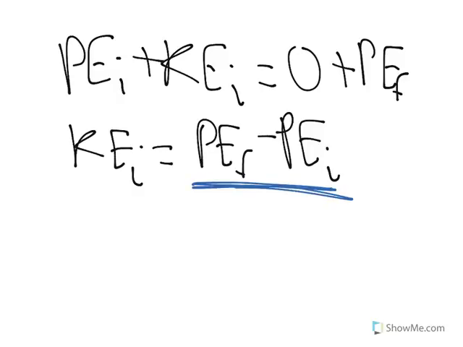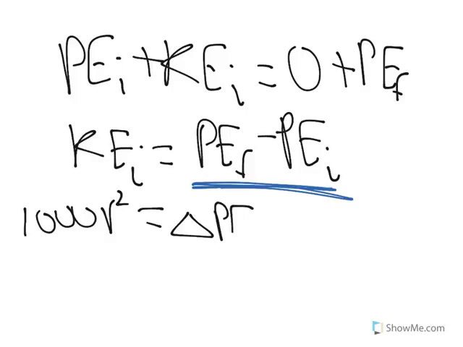This is just change in potential energy. So we can actually write this as 1,000 velocity squared, because that's our kinetic energy initial, equals change in potential energy. Now if you remember, what's the formula for change in potential energy? Well, it's negative mass 1 times g over r times mass 2.